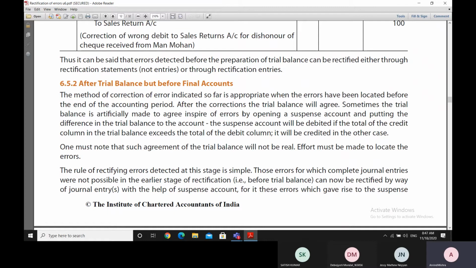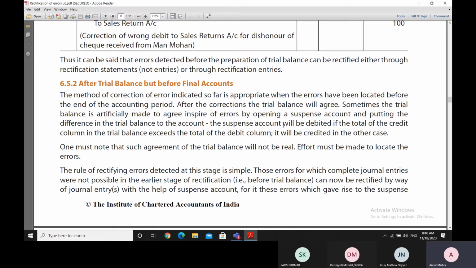So we pass an entry, and we open a suspense account, and we make a journal entry, and we transfer the error to the suspense account. And by making an entry in the suspense account, we make the trial balance agree. The debit side with the credit side is made to agree by opening a suspense account and making an entry there. And thereby we put the difference in the trial balance into the suspense account.